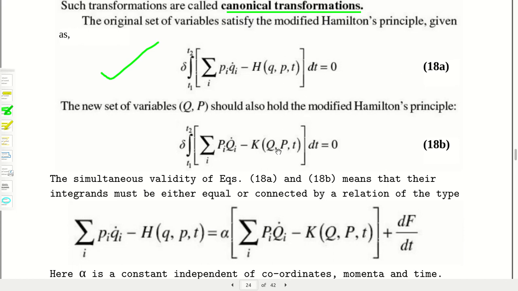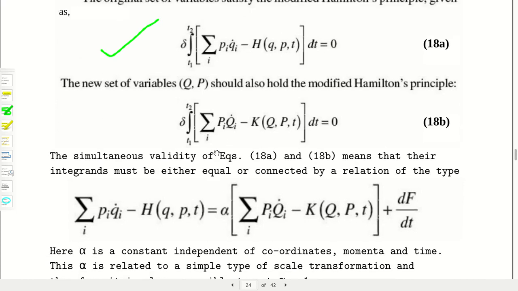So if they are simultaneous equations, the integrands must be equal. You can say blindly that this integral is equal to this one, because they are satisfied simultaneously, and because outside there is a delta with limits t1 to t2, and the right hand side is 0, the integrand must be equal.